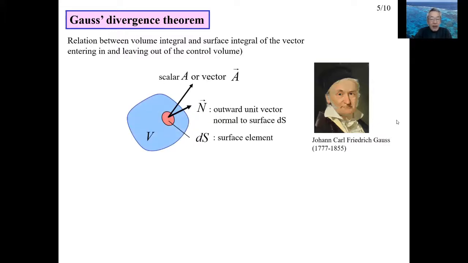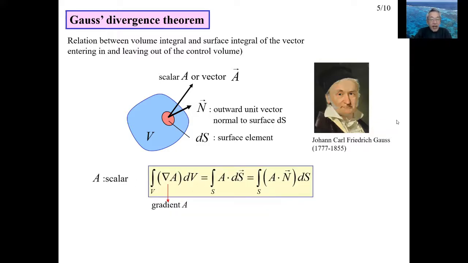If you explain the Gauss theorem orally, it can be said as follows. The volume integral of the gradient A or the divergence A is equal to the surface integral of the scalar A or vector A dot S.